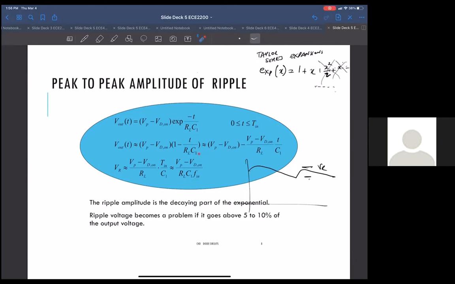That's the bottom line with this half-wave rectifier: this is the equation for the ripple, and we want to minimize it. Minimize this thing. And to do that, typically what you end up having to do is increase your capacitance.